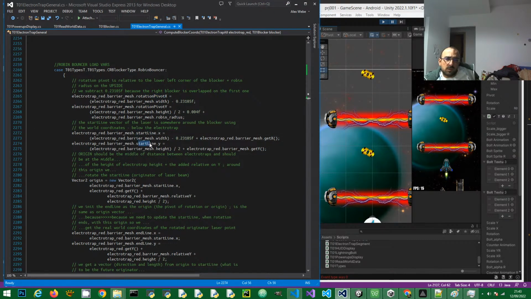We will use this. Start line and end line are the vectors responsible for the laser at the beginning.